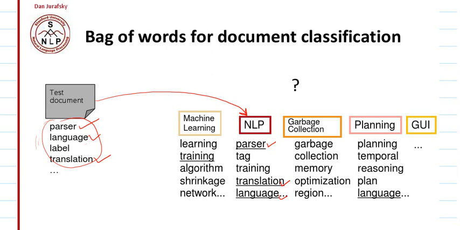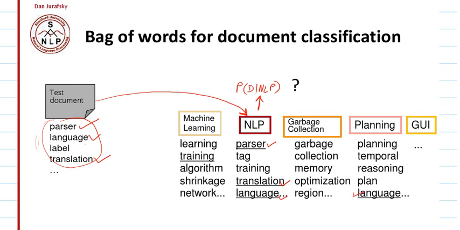the other category. So if I calculate the P of document given NLP, this may be the highest one, because in very abstract terms, just by watching the words present in the documents, we see that there is a lot of matching here, and there is no matching, or little matching, with this one.